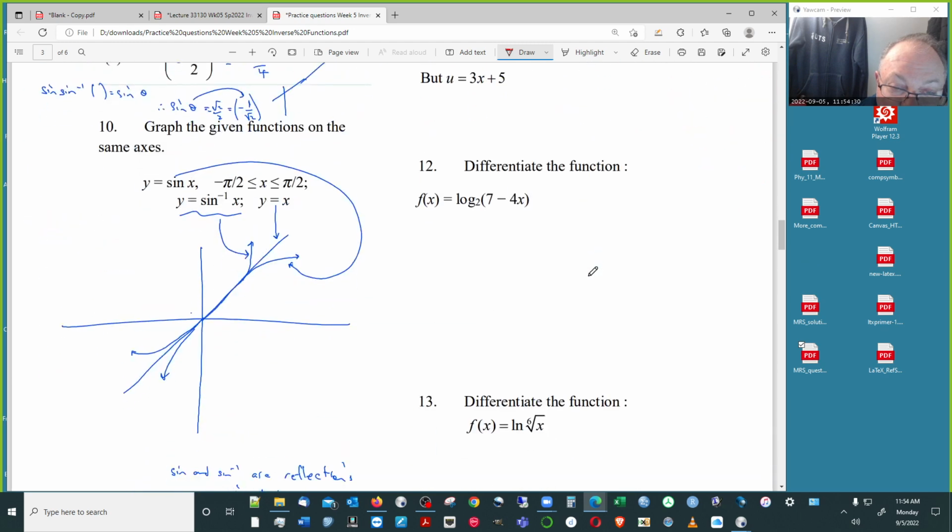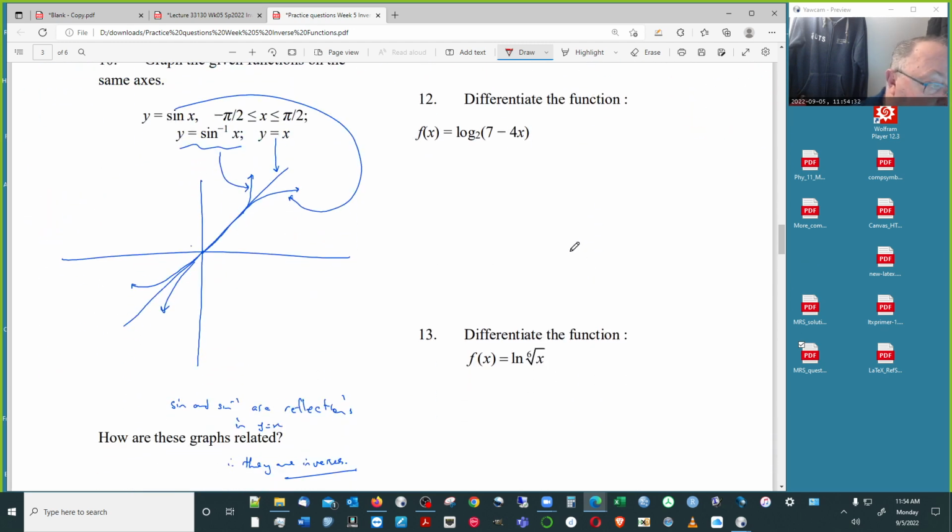Okay, so differentiate the function log base 2 of (7 minus 4x). Okay, so how do we deal with this? A change of base formula is probably the simplest way to do it.